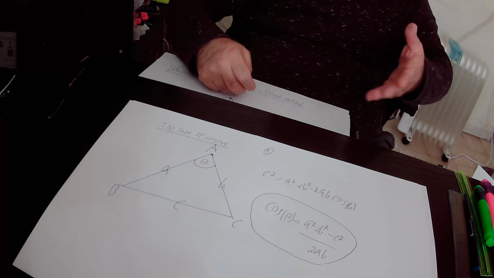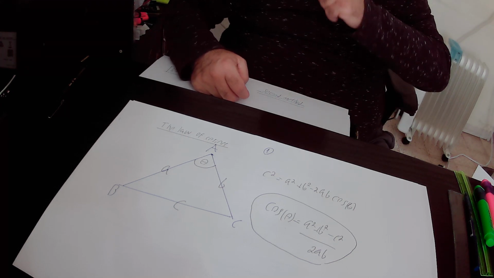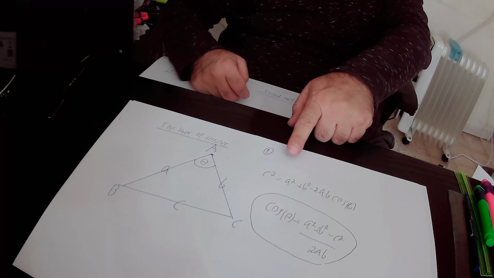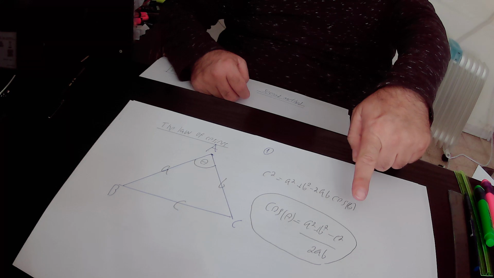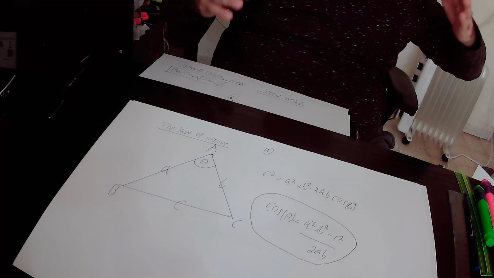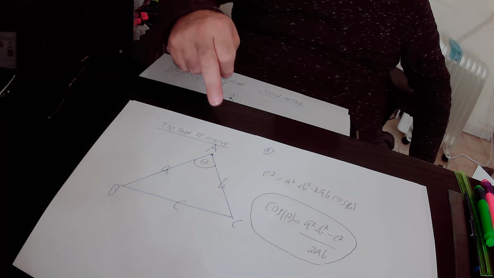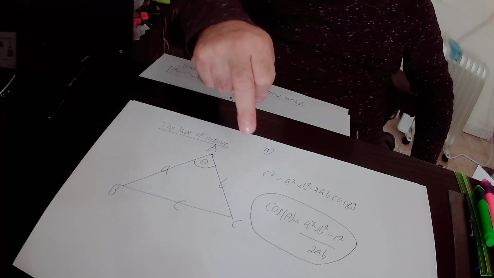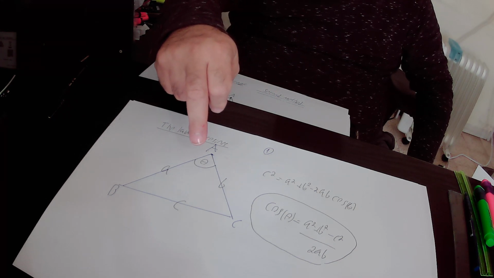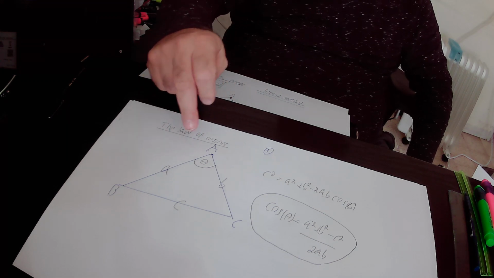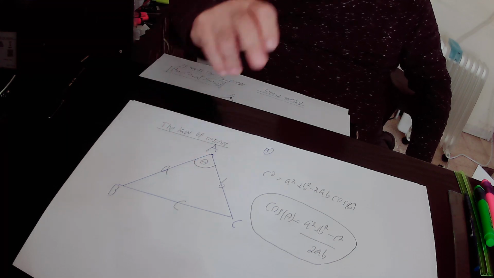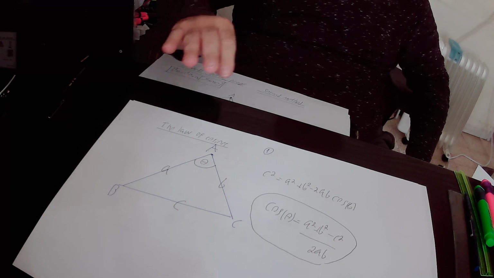Then, in a couple of operations, we get easily that cosine theta equals a square plus b square minus c square over 2 times ab. Again, it is true in any triangle.